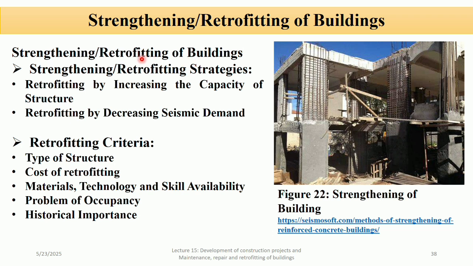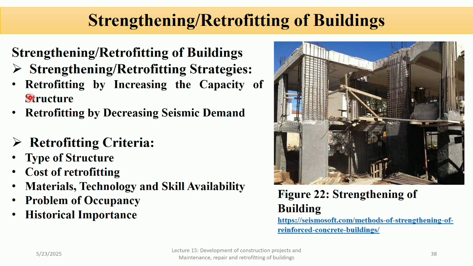So retrofitting means upgrading an existing building to make it stronger and safer, especially against hazards like earthquake. And strengthening is similar, but it is done even when the building is not yet damaged, just to improve its strength or performance.